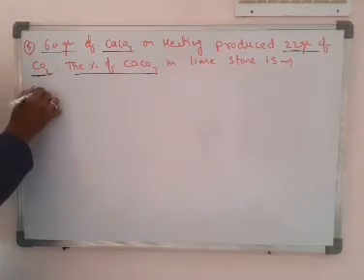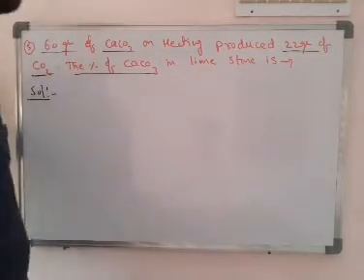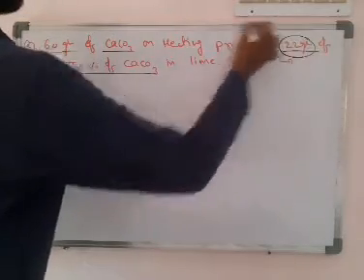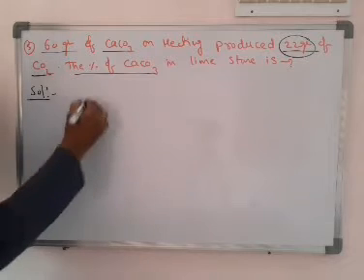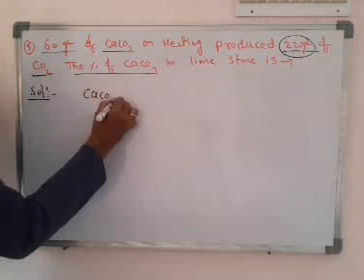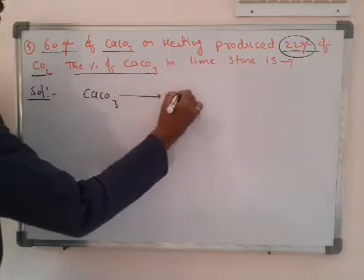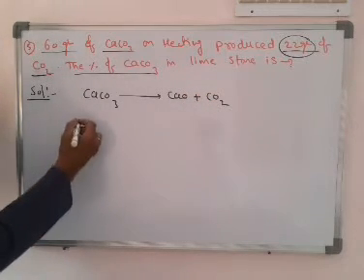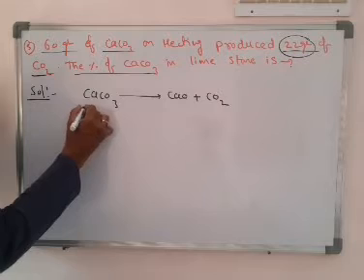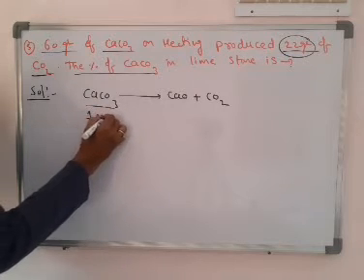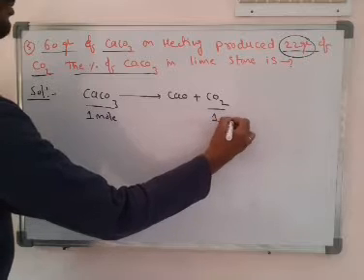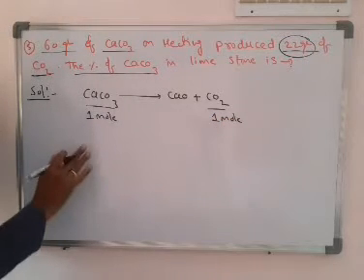So for checking the purity, it is given that 22 grams of carbon dioxide is released. So calcium carbonate on heating, we know the products are CaO and CO2. So at first according to the equation, 1 mole of calcium carbonate produces 1 mole of carbon dioxide.